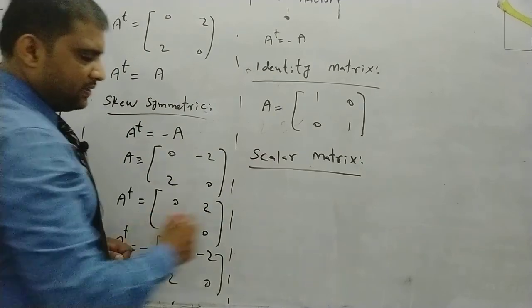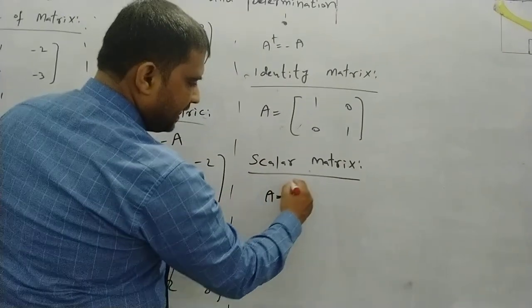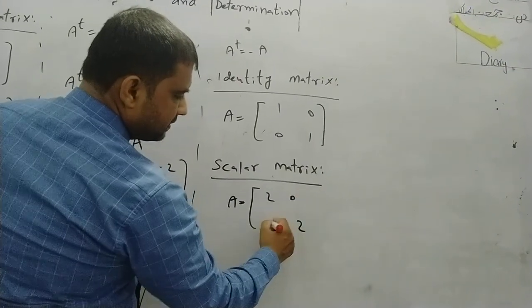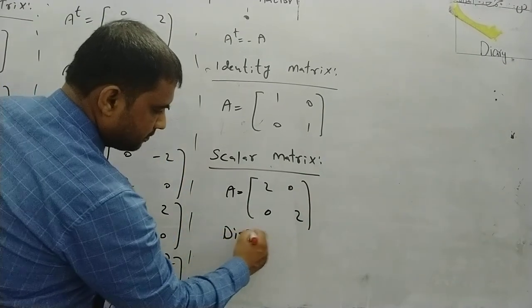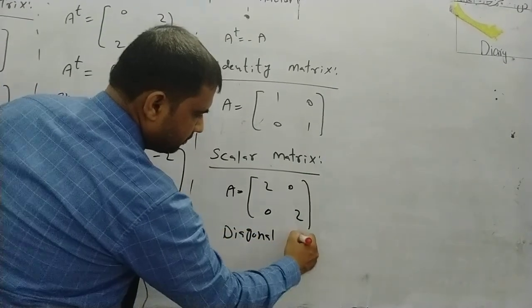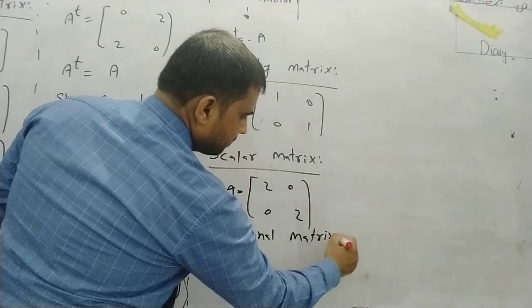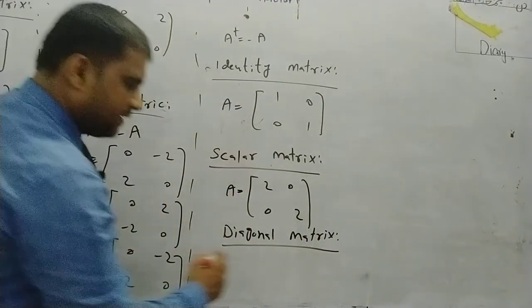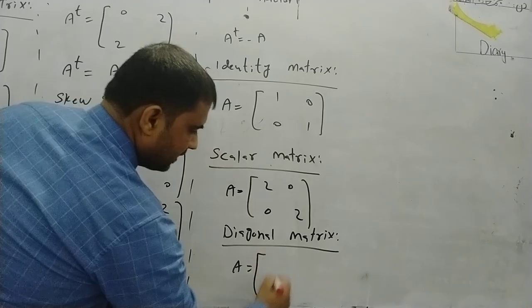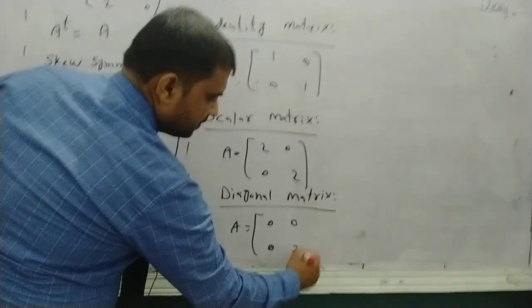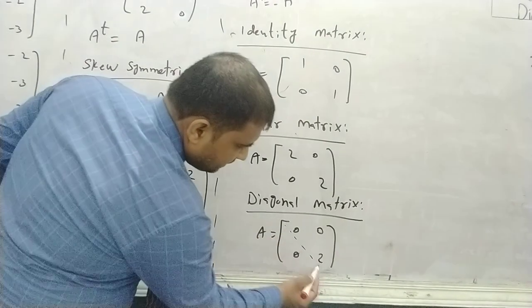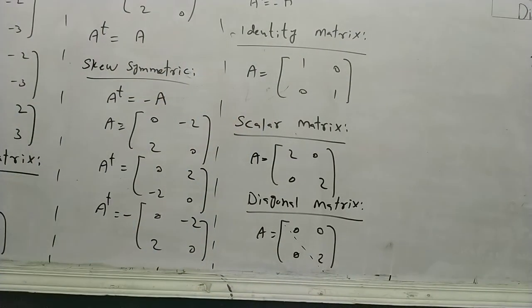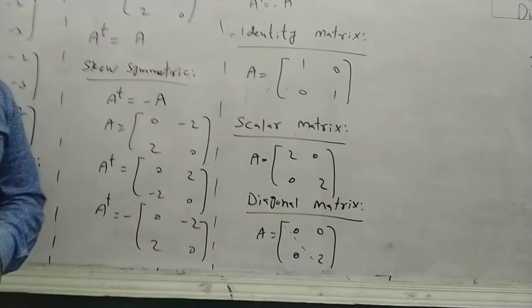In a scalar matrix the diagonals are same. Diagonal matrix: all entries are 0 except one number. So these diagonals are not same, called diagonals of a matrix.